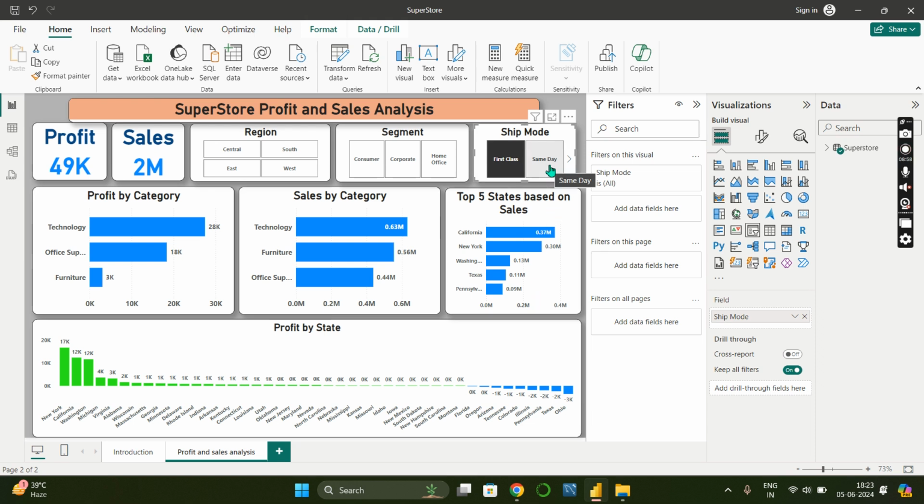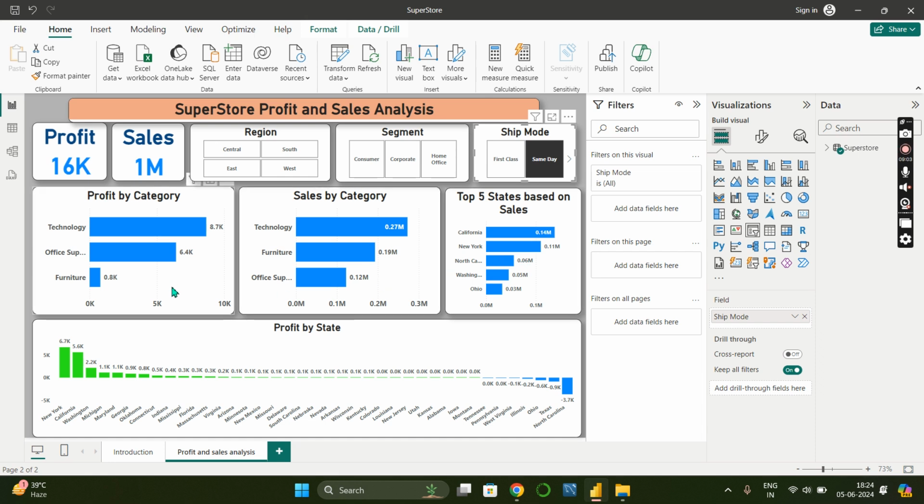Now, if we look at the same day ship mode, in profit furniture is still lagging behind, and sales are almost in decreasing order from technology to office supplies.